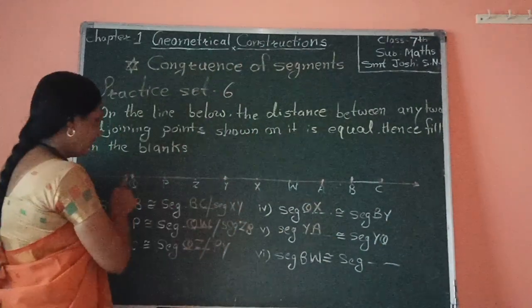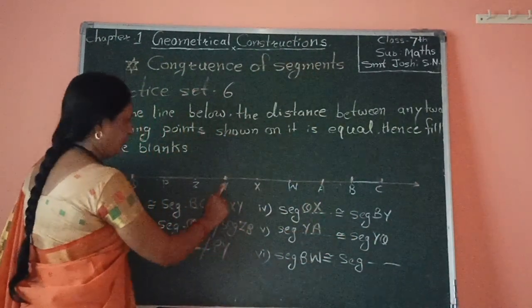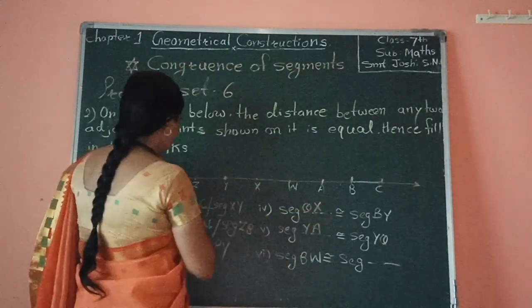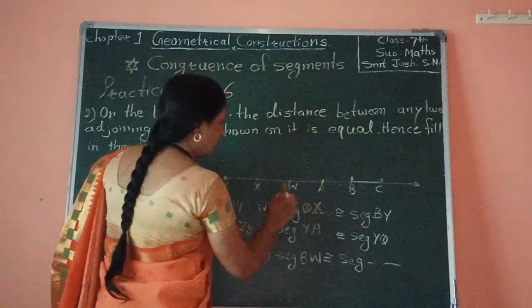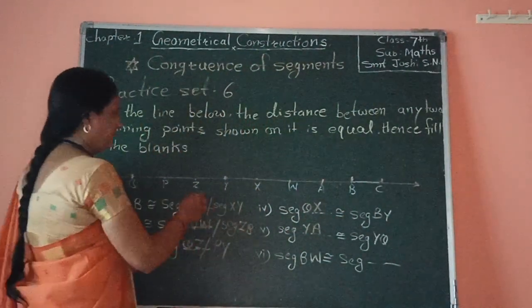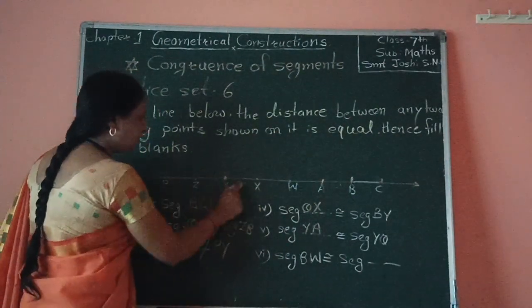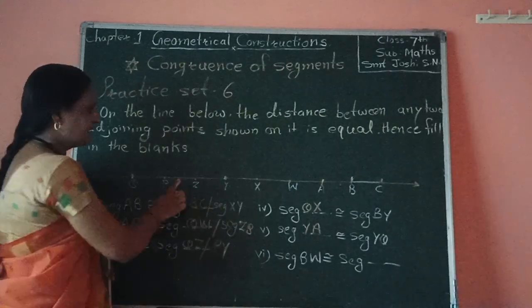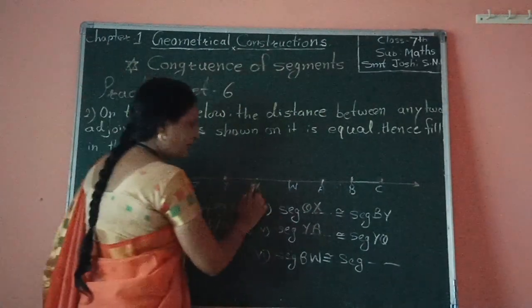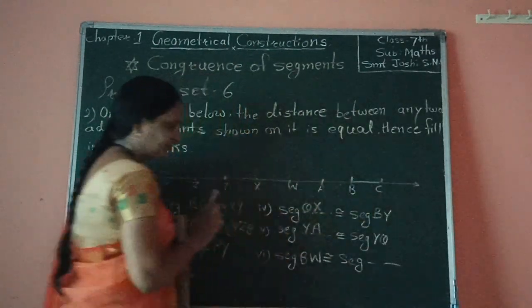We write YA, WC also, and PX also, because between these 2 points the distance is 3 units, from P to X, from X to B, from W to C.